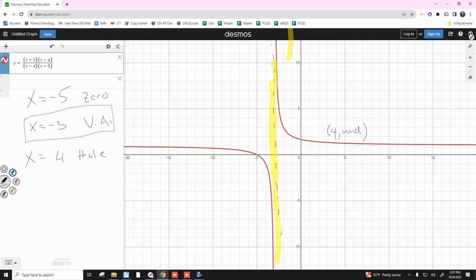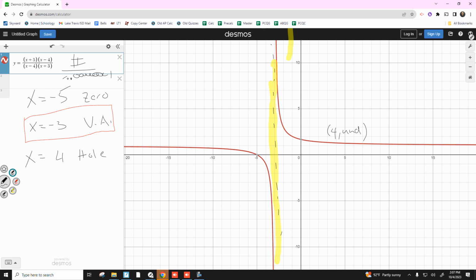As I plug in values closer and closer to -3, what happens is I get a number divided by something closer and closer and closer to 0. If you take a number and divide it by something close to 0, you get something very large. If you take a number and divide it by something close to 0 and it's negative, it'll be very large and negative.